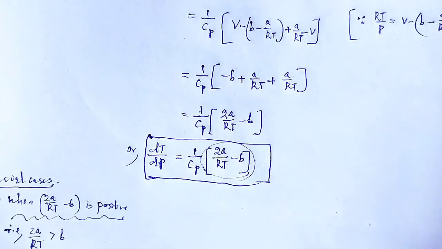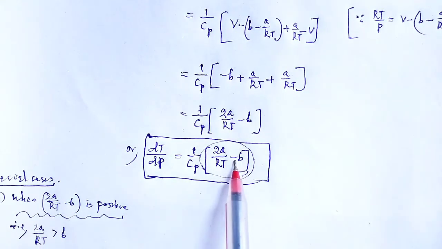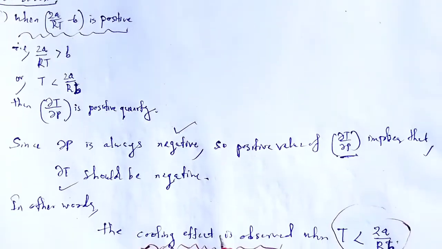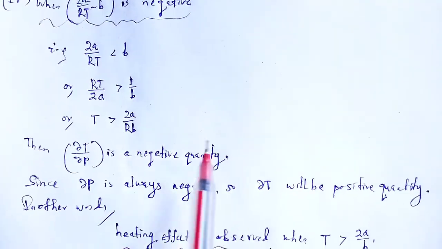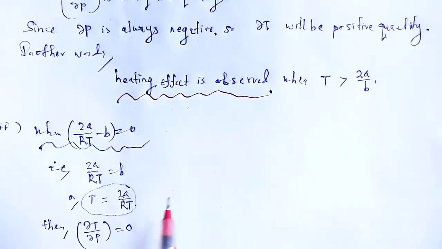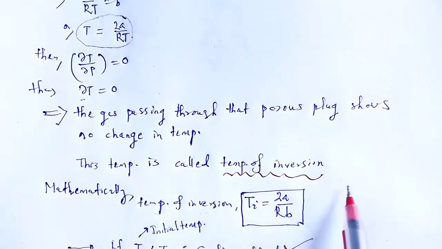There will be 3 possible cases by taking the term 2a by RT minus B. If that term is positive, then we observe the cooling effect, and if that term is negative, then we observe the heating effect, and if that term is 0, no effect is found, which is known as the temperature of inversion.